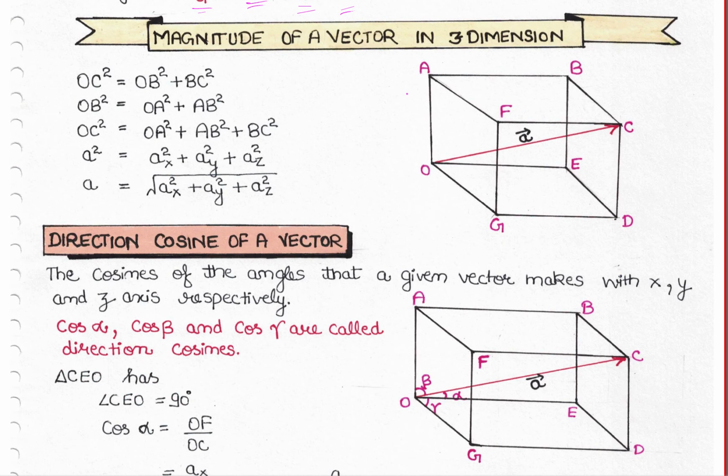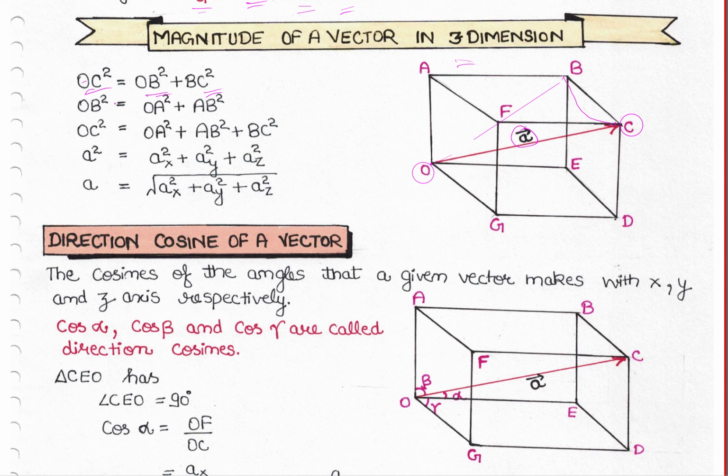Magnitude of a vector in 3D. So what is the magnitude of a vector in 3D? If this is our vector, from the initial point to the final point, then using the triangular law, OC square is equal to OB square plus BC square.